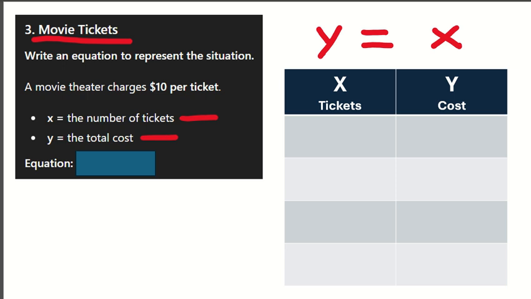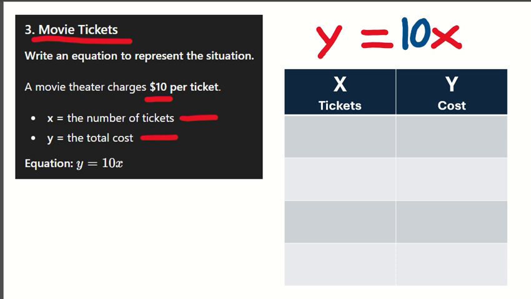So the total cost depends on how many tickets you buy. Now, we know that it's $10 per ticket, so we can simply multiply x by 10. See? You've seen this pattern in a few of them before. So the equation is y equals 10x.